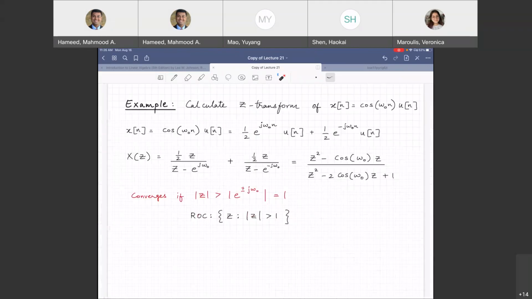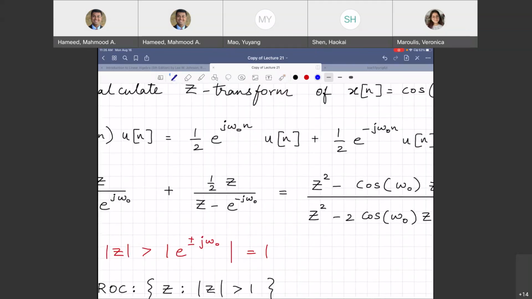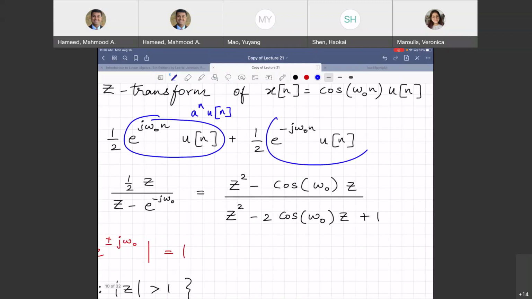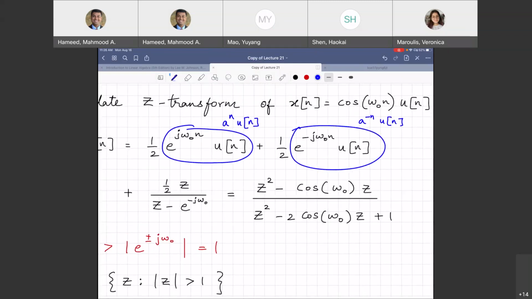Now I can go into the math. I actually don't even need to go into the math, right? I have already done it. This is already in the form of a to the n u of n, and this is a to the minus n u of n, where a is any complex number, so the complex number here is e to the j omega naught.